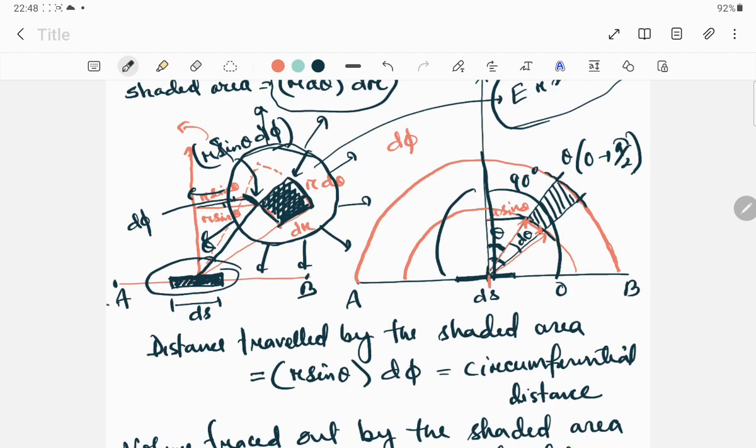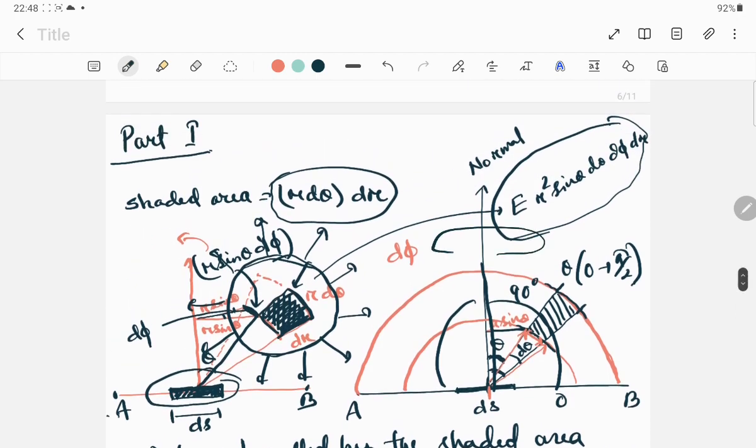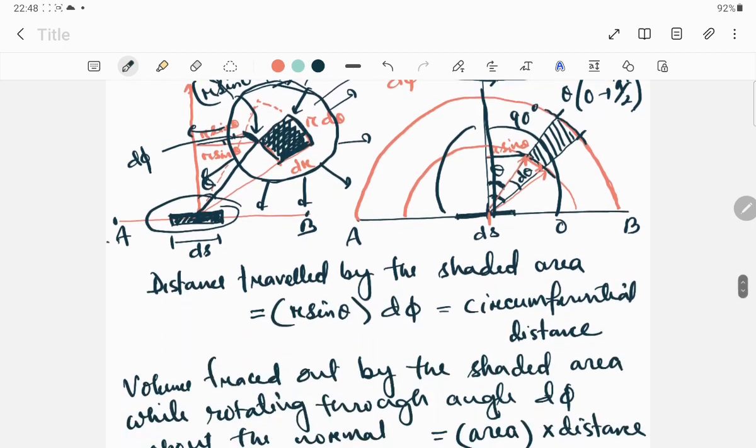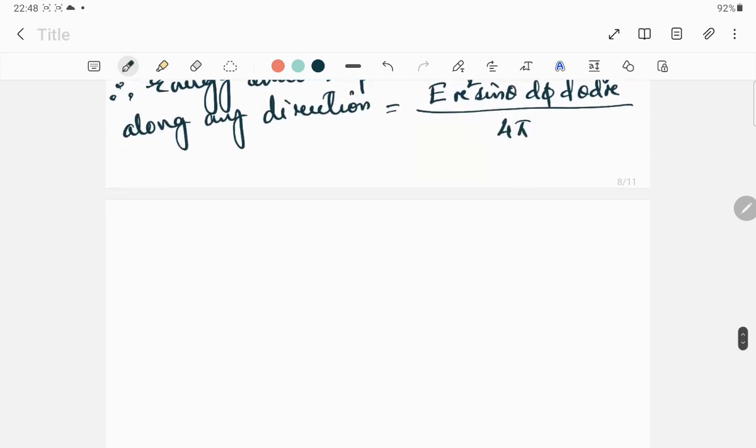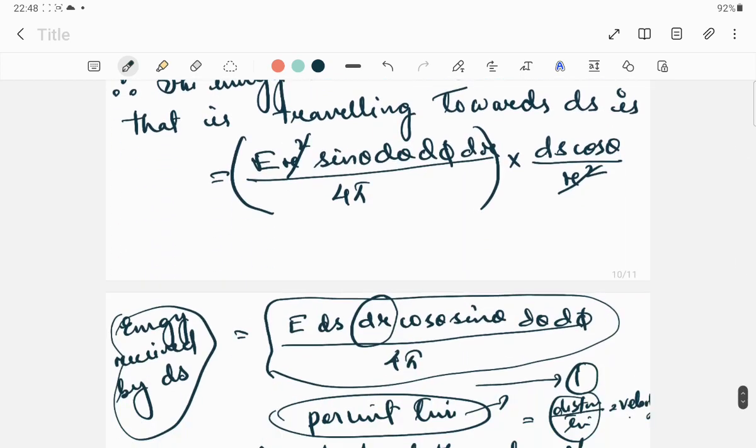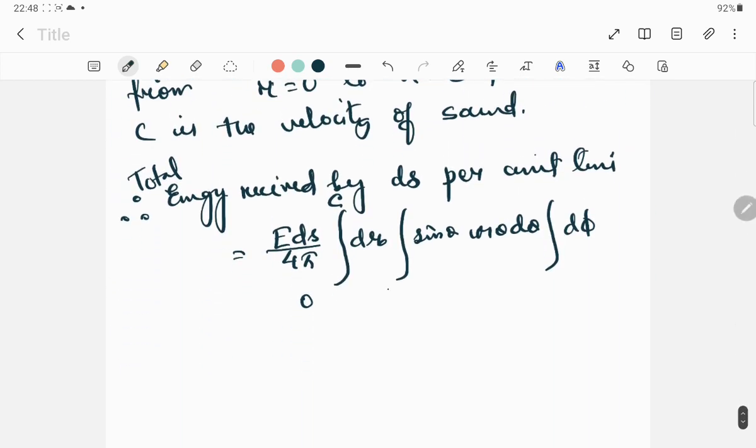Similarly, phi is the total angle through which it has been rotated, so it will definitely be 360 degrees. So the limits are 0 to pi by 2 and 0 to 2 pi, a full circle rotation.